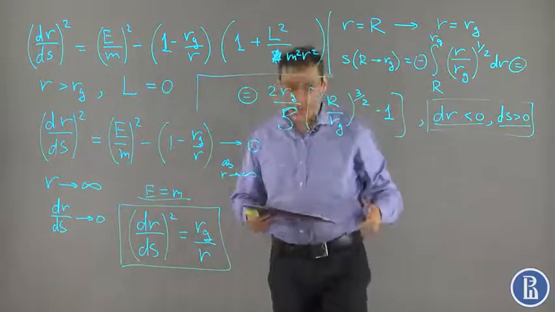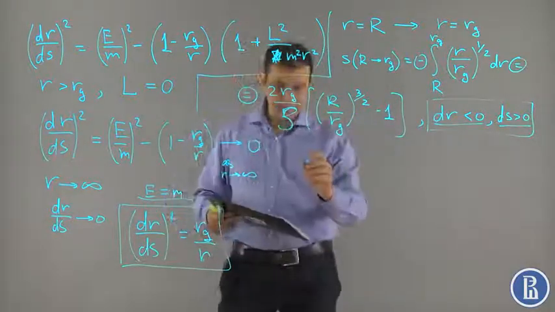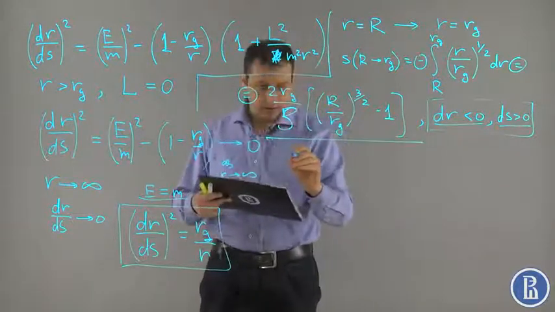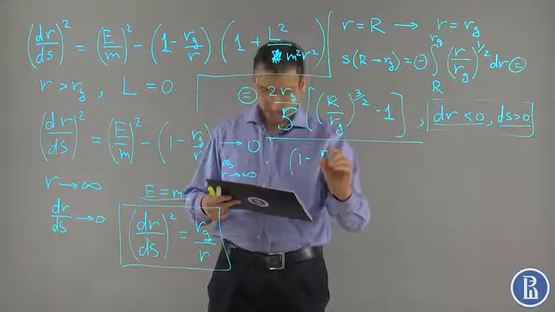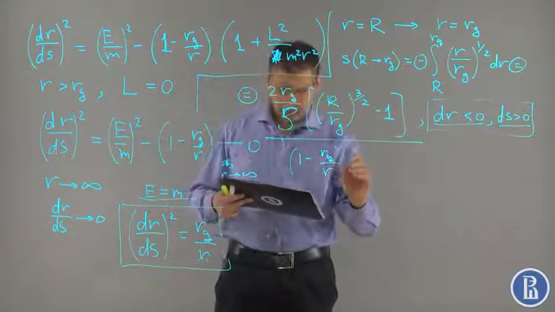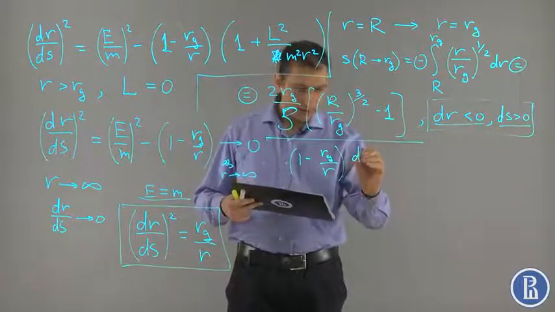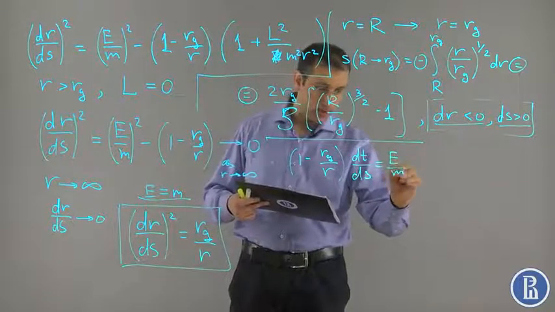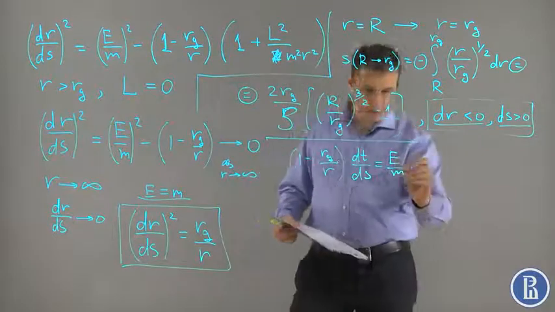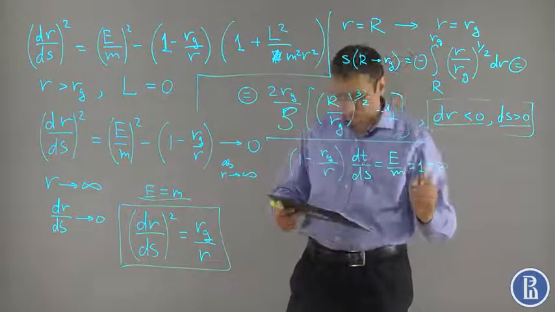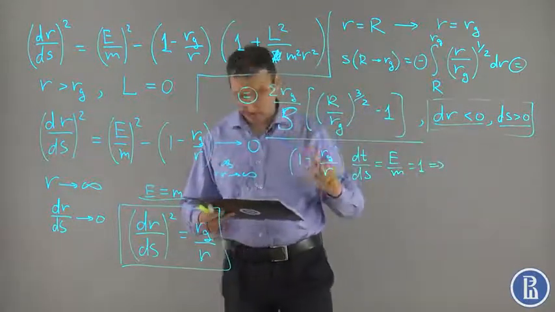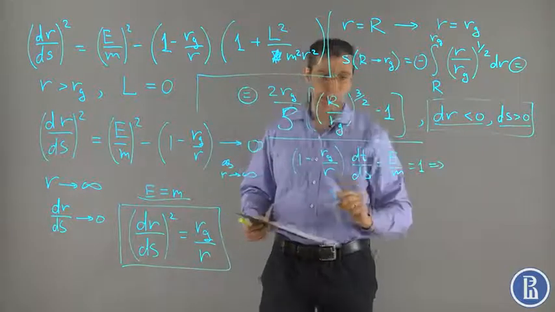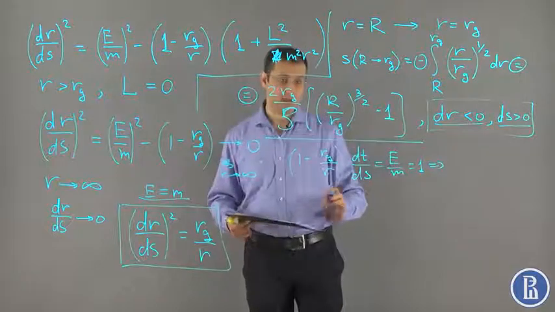At the same time, remember that we have a conservation law: (1 − r_g/r) dt/ds is equal to E/m. In our case, this is 1. As a result, we have a relation between coordinate time and proper time in Schwarzschild spacetime.